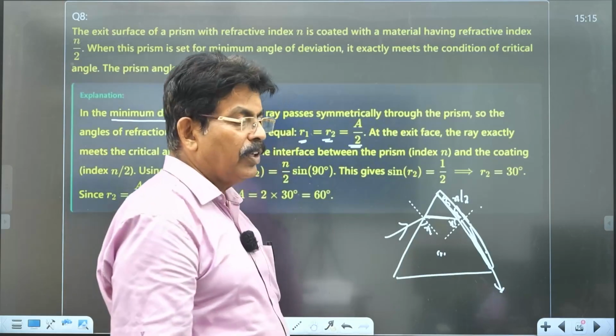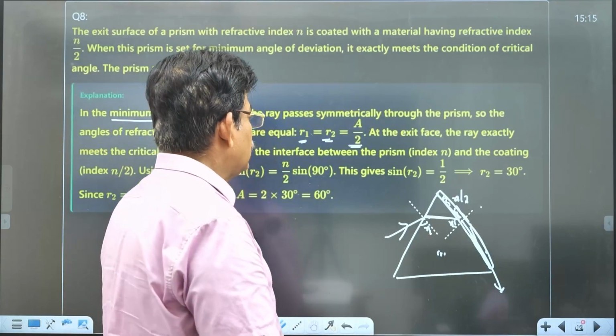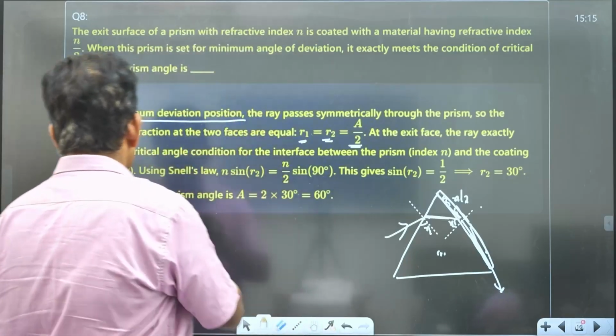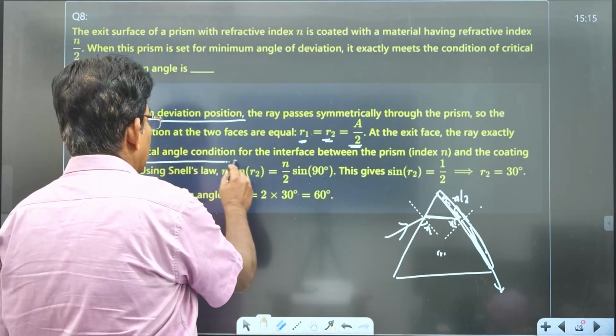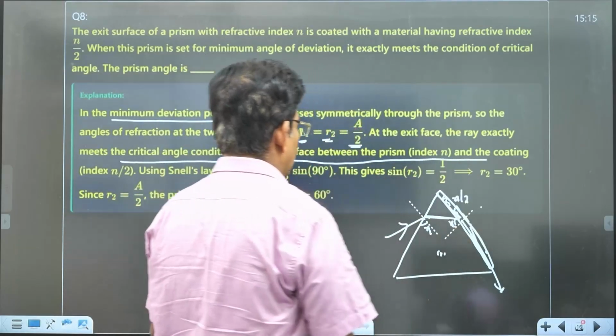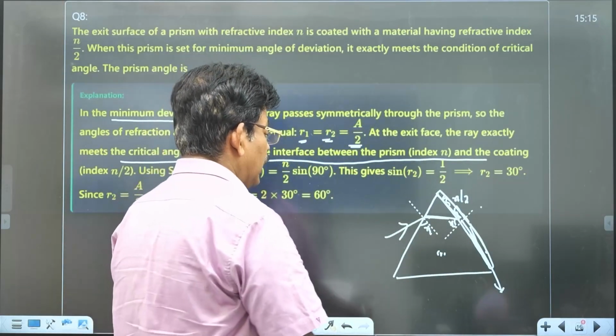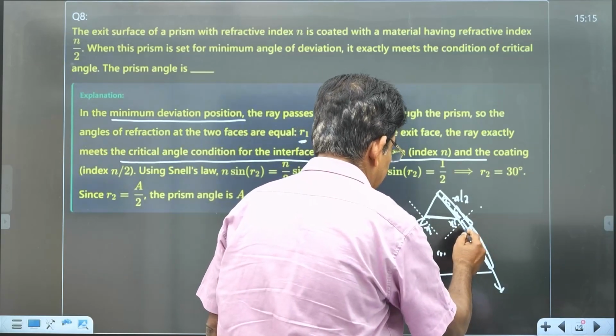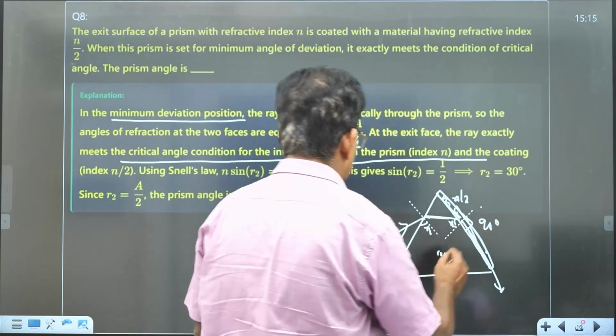The first condition we have written. Then second condition, it meets the condition for the critical angle. So we can find that here this angle of refraction is 90 degree.